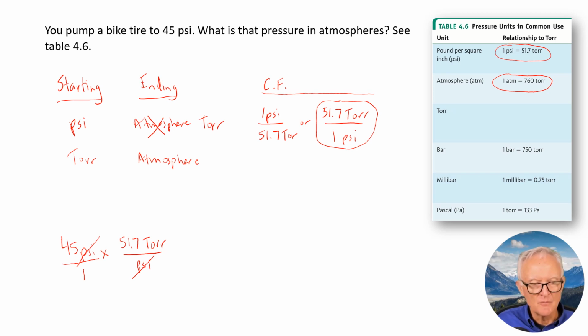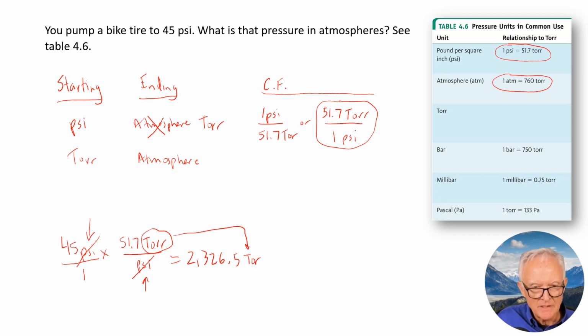That shows psi is in the numerator in the first term. It's in the denominator in the second term. Those will cancel, and we'll do the math. The answer is 2,326.5 torr. Torr is the only units remaining that we haven't crossed out.